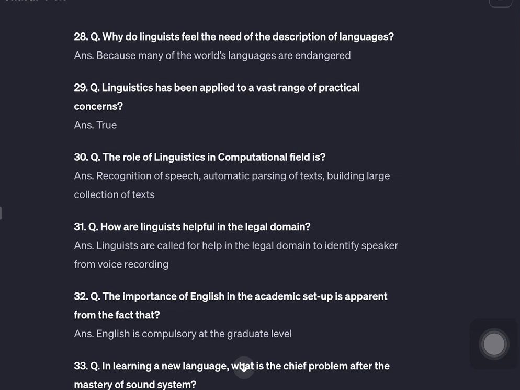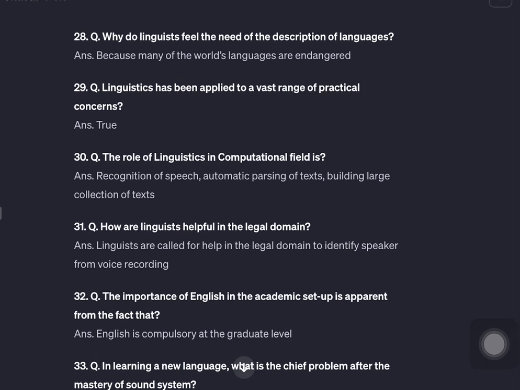Ans. Because many of the world's languages are endangered. 29. Q. Linguistics has been applied to a vast range of practical concerns? Ans. True. 30. Q. The role of linguistics in computational field is? Ans. Recognition of speech, automatic parsing of texts, building large collection of texts.